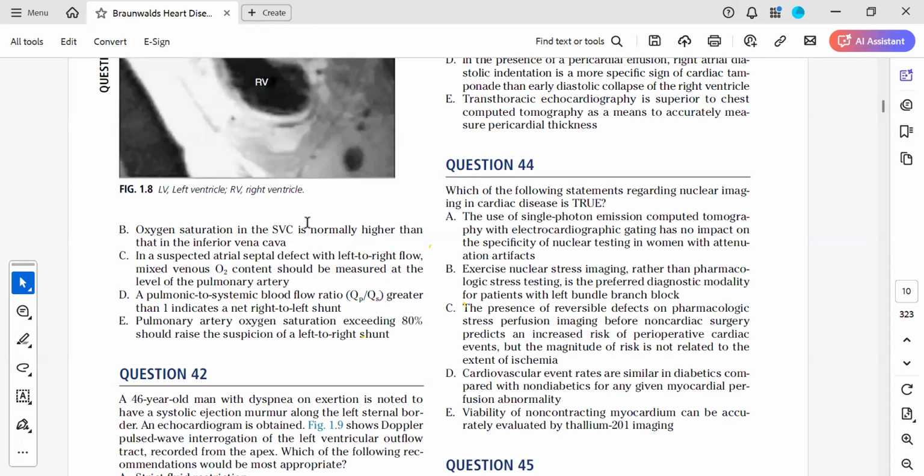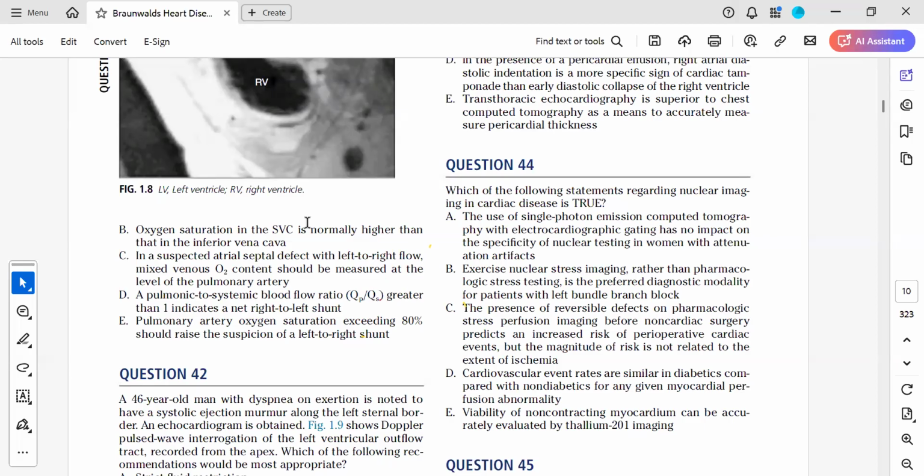Option E, viability of non-contracting myocardium can be accurately evaluated by thallium 201 imaging. In terms of radiotracers, thallium 201 was the first that was introduced. Then after that came technetium, which is more effective and more accurate than thallium 201 imaging.